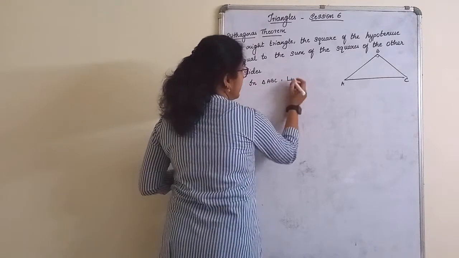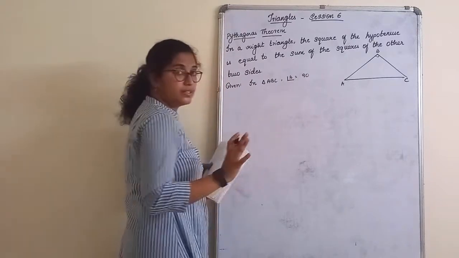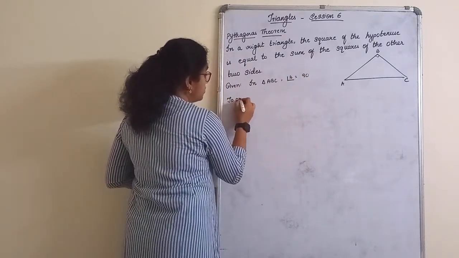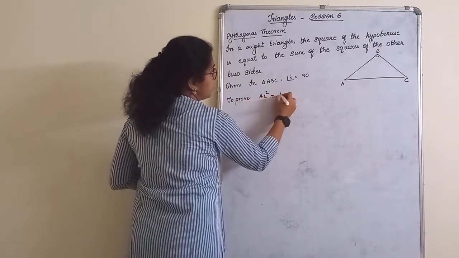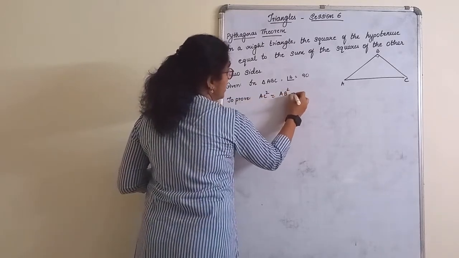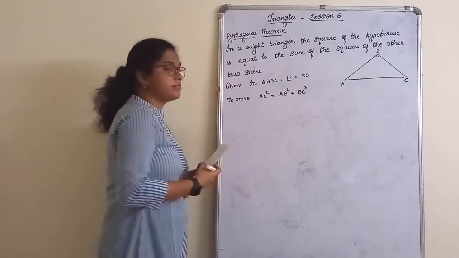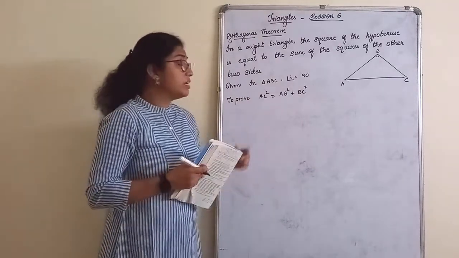In triangle ABC, angle B is equal to 90 degrees. So what do we have to prove? To prove: AC square is equal to AB square plus BC square. The square of the hypotenuse is equal to the sum of the squares on the other two sides. And how are we going to prove this?